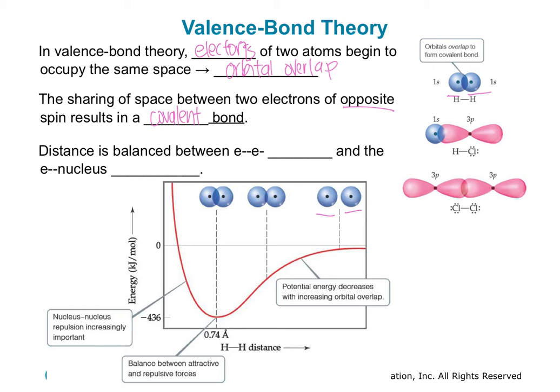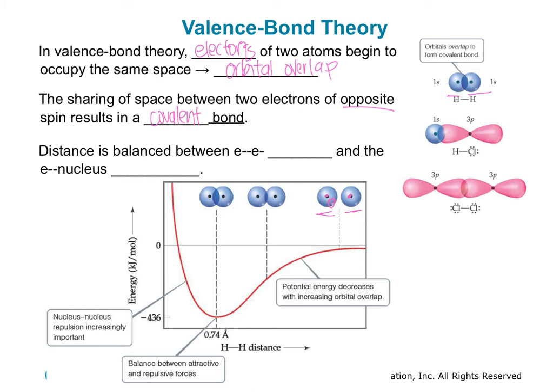So you'll notice here, in our nucleus, we have protons, and those are going to repel each other. Our electrons are going to repel. But what we do also get is the attractive force between one electron and one of the nuclei protons.